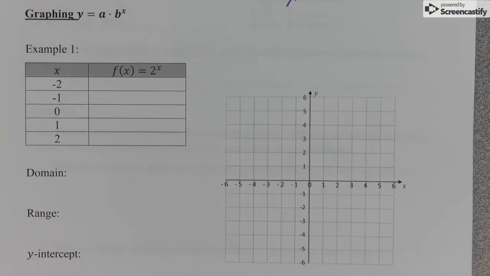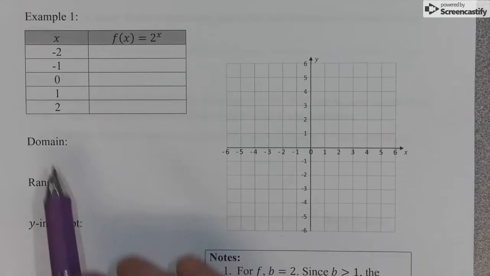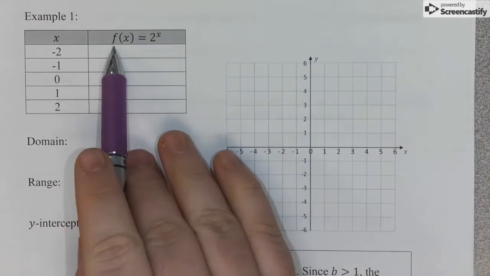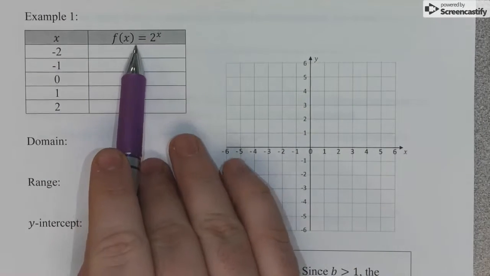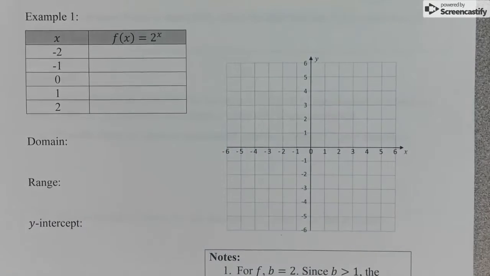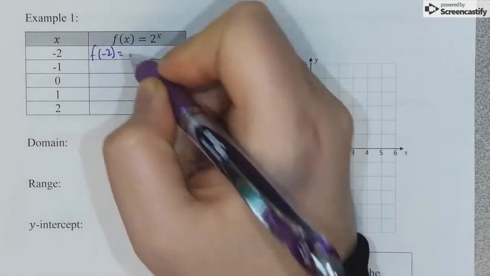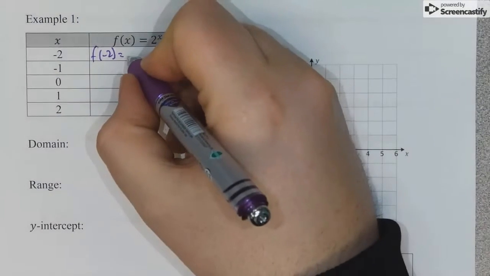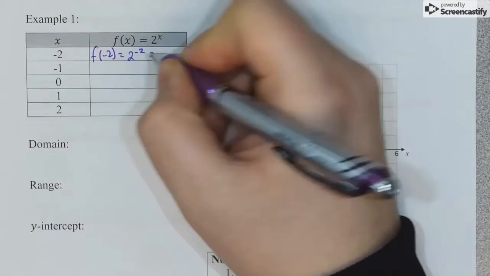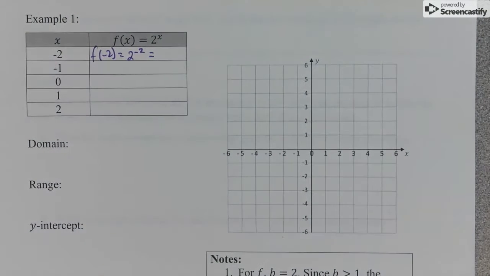So in example 1, they give you a chart and they say, here are your x values, and here is f of x. f of x equals 2 to the power of x. So we'll start with f of negative 2 equals 2 to the negative 2 power. However, we cannot leave negative exponents. So in order to get rid of a negative exponent, we take the reciprocal.